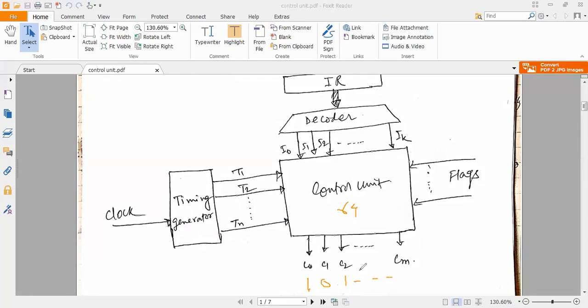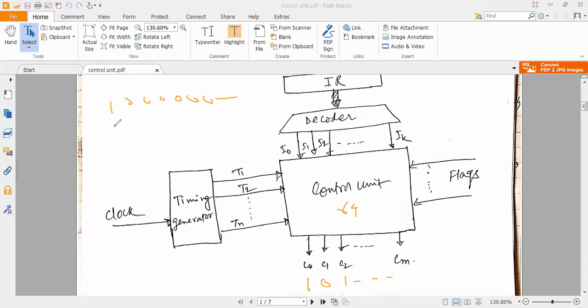Okay, all the signals are high. Depending upon your micro instructions, this control word is being generated. It may be 101, C0 may be 1, and others may be 0. So all the bits may be 0.